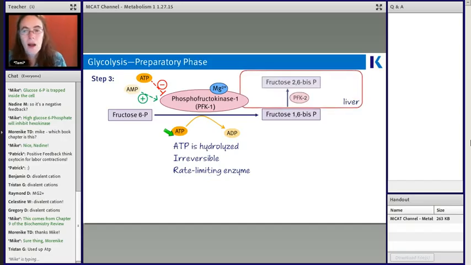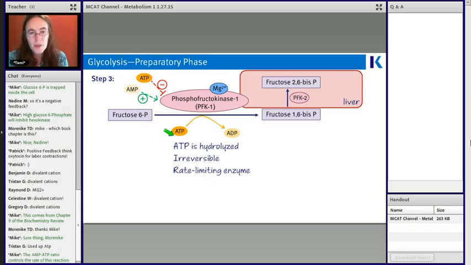All right, but what if I still want to make more? Well, in my liver, and this is specifically in the liver, I can use PFK2. It's another kinase. It's going to need a divalent cation. This can actually take and move the phosphate from the first carbon to the second carbon. And I now make fructose 2,6-bisphosphate.